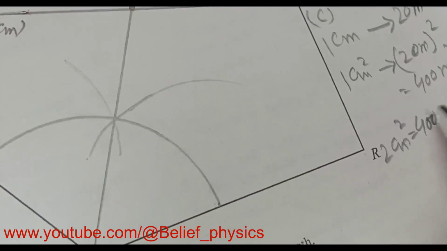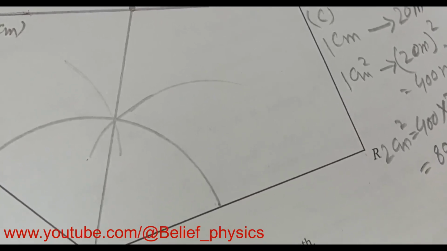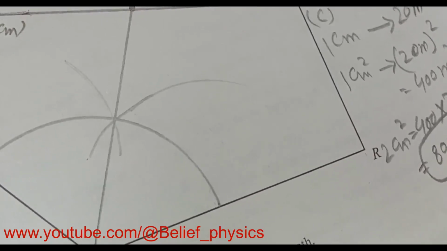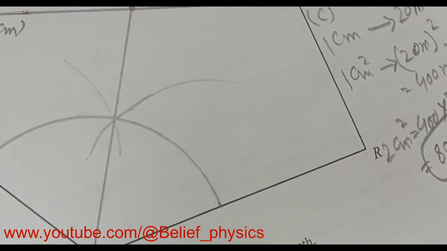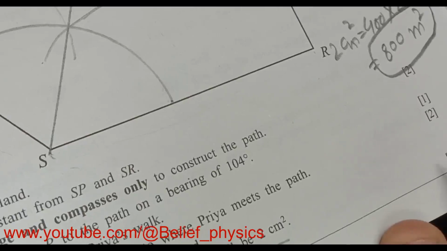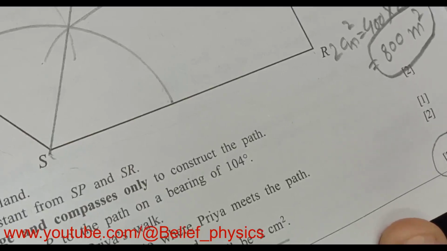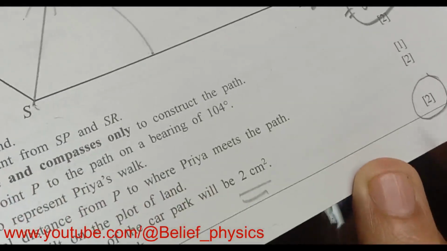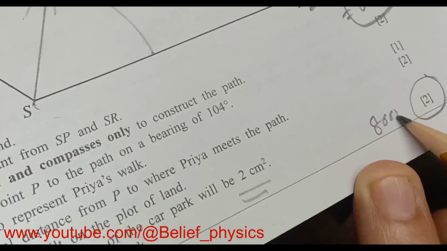So 400 into 2 will give you 800 square meters. So a plot of land that is 2 square centimeters on the scale drawing will be 800 square meters in actual. So the answer of this part is 800 square meters.